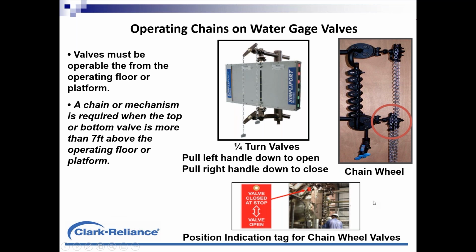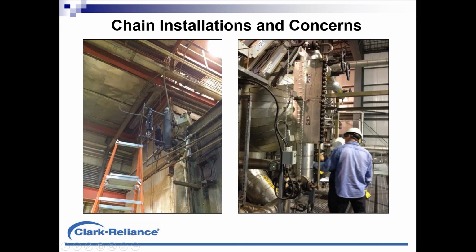So it's about instructions and training, and once you know a thing or two about these valves, you understand lever position or chain wheel position for safe operation. Here's an example. I'd like to point a couple things out. This is a 15-foot ladder. You can see these chains eliminating the need for the operator to ever use a ladder.